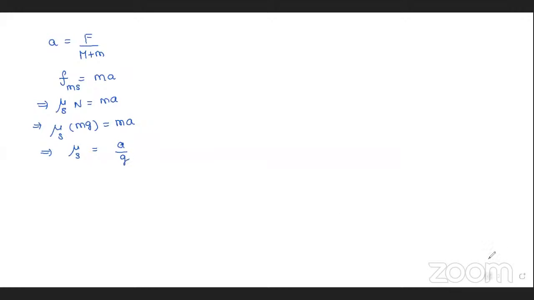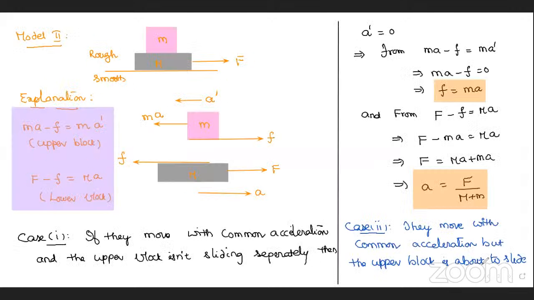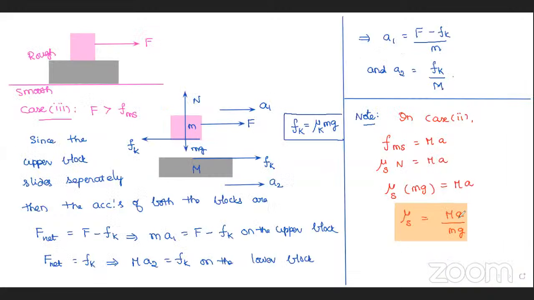Now you observe the difference in model 1 and model 2. In model 1, mu S is equal to MA by Mg. In model 2, this M term is not there. Straight away, we got A by G in model 2. Even if you apply the force on the lower block. Exactly, we got only A by G, without capital M. See here.